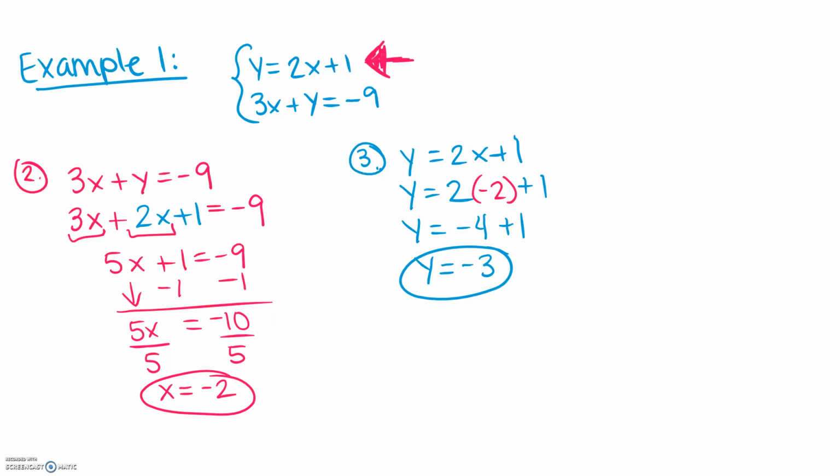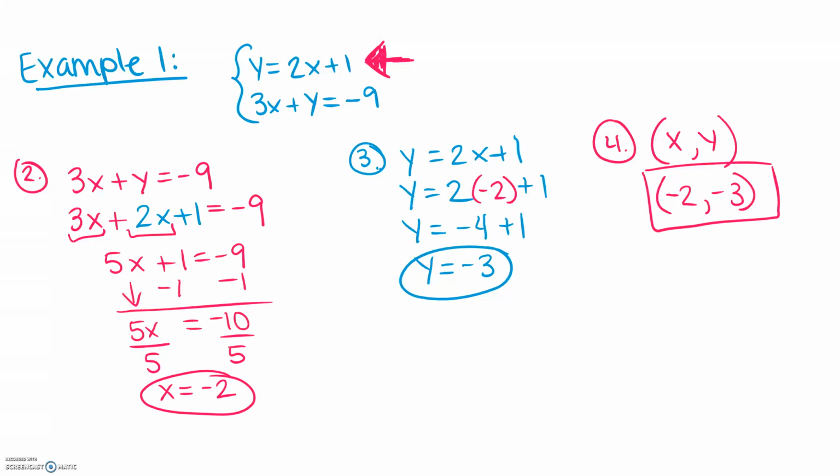So I now have an x and a y value. In step 4, we write our solution as an ordered pair. Remember, it always comes as x comma y. So I simply write my x value first: negative 2, negative 3. And that is our solution to the system of equations.